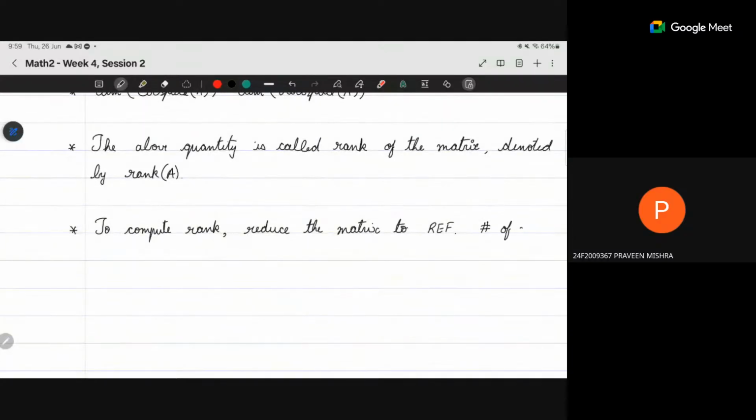The number of non-zero rows of REF is the rank.